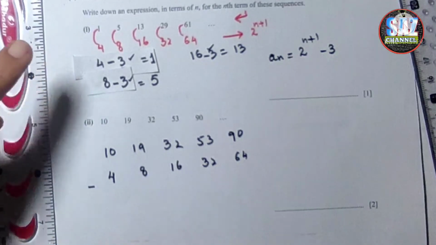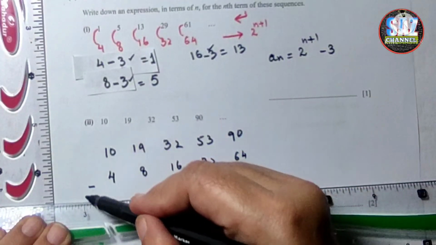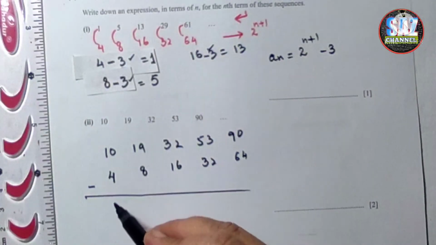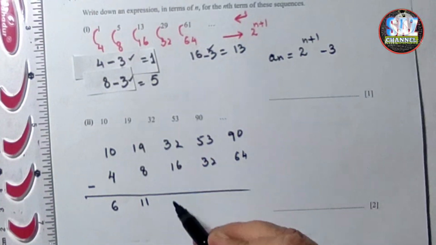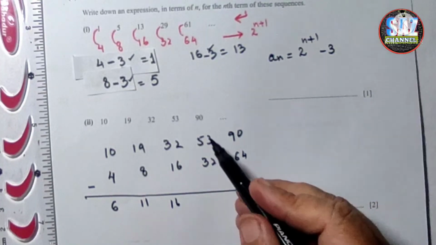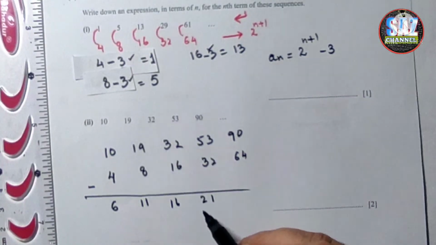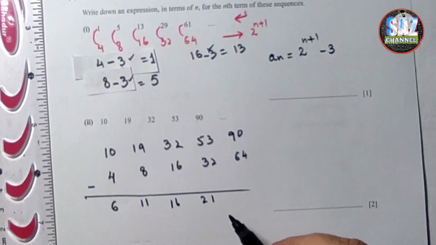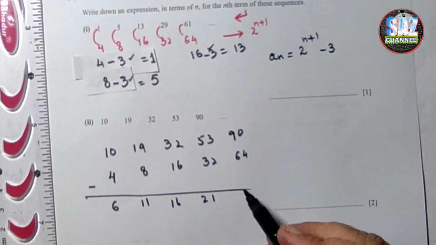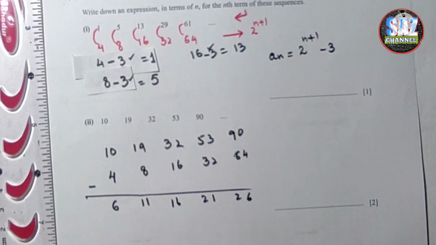So when I take away these corresponding terms, what can we observe? 10 minus 4 is 6, and 19 minus 8 is 11.